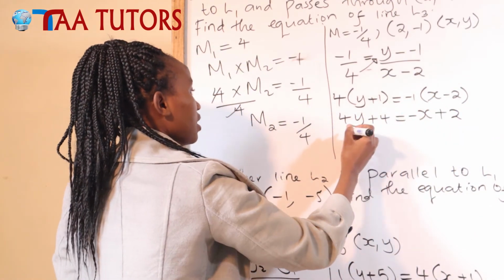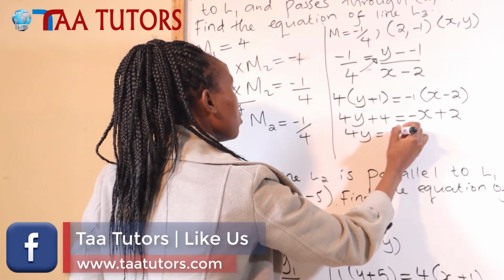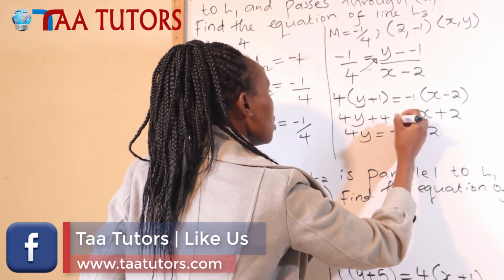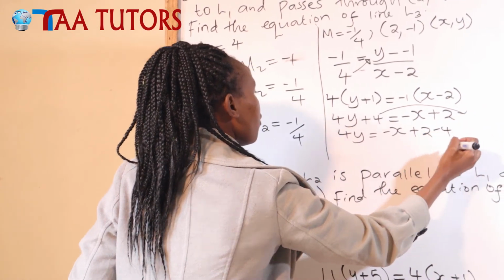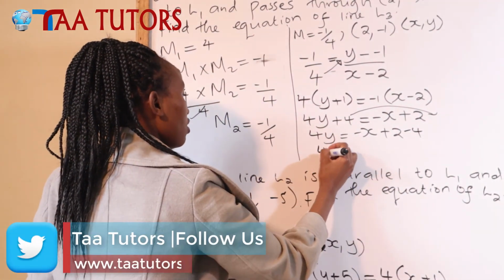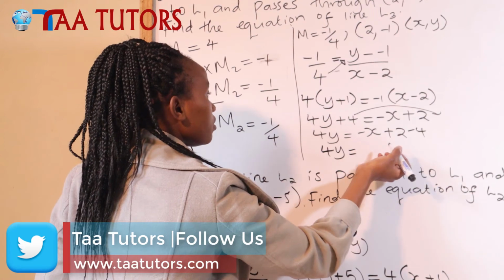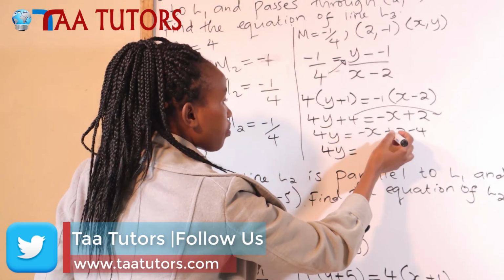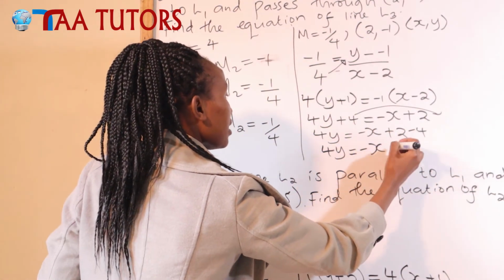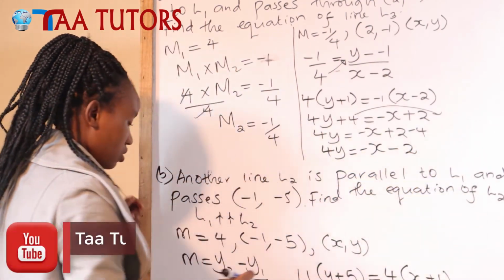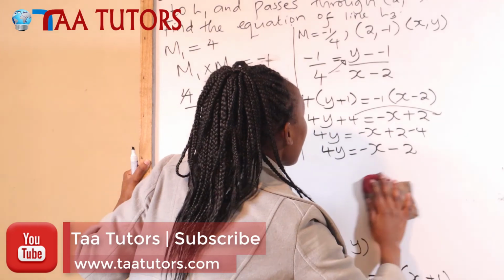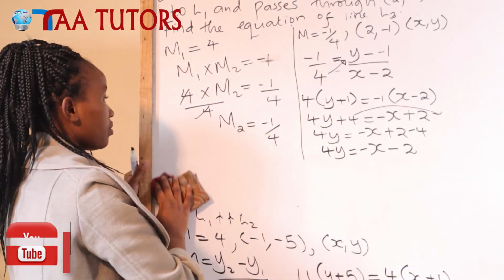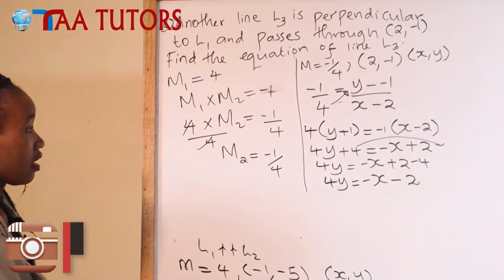So we take 4 to the other side. 4y equals -x plus 2 minus 4. 4y equals -x plus 2 minus 4, which is -2. So viewers, that is the equation of line L3, which is perpendicular to L1.